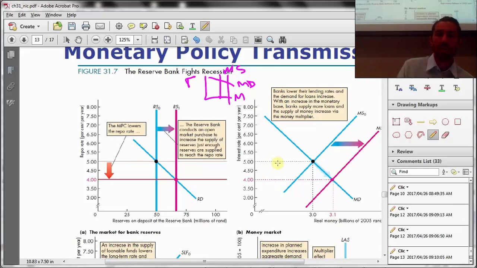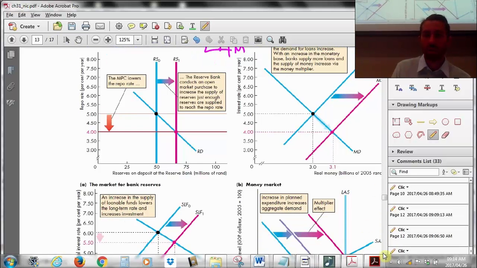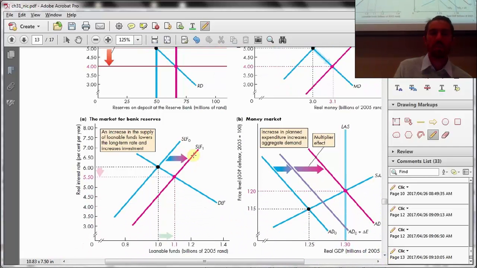That decrease in interest rates mirrors the decrease in the repo rate that the Reserve Bank initially started with. That increase in money supply also increases the supply of loanable funds in other lending markets, which then lowers the interest rates in those markets as well.